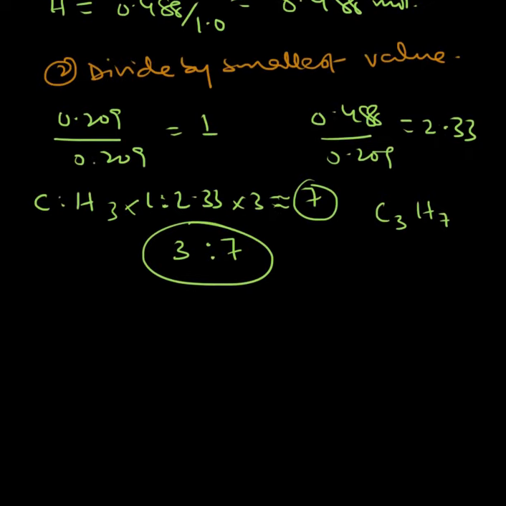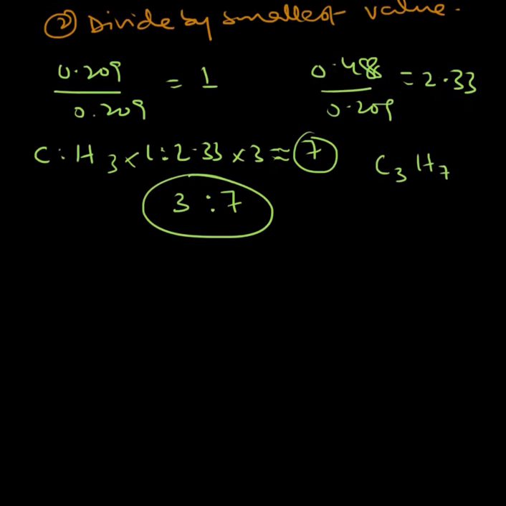But what happens if the molecular mass is given to us, and the question says that the molecular mass is equivalent to 86? When the molecular mass is given as 86, we will be using this in reference to C3H7.